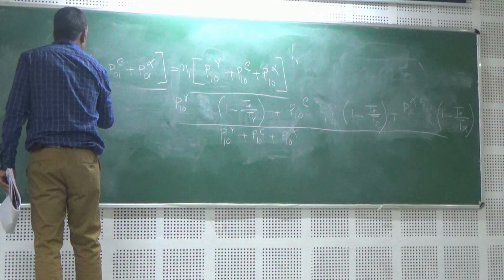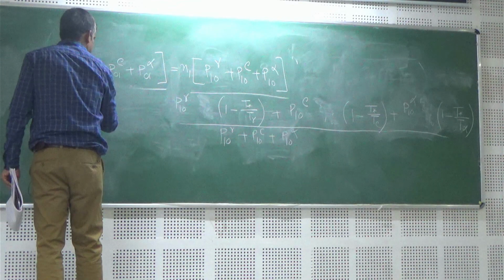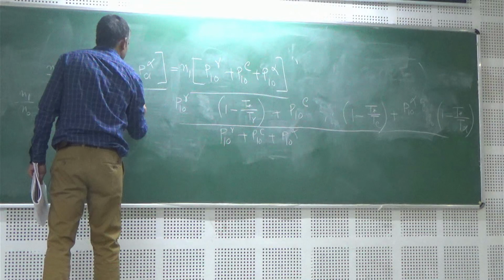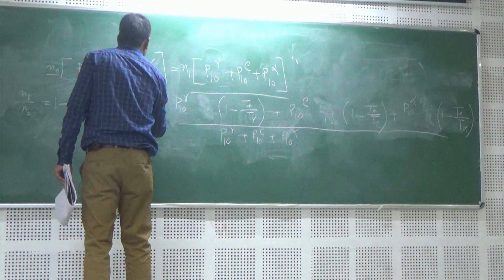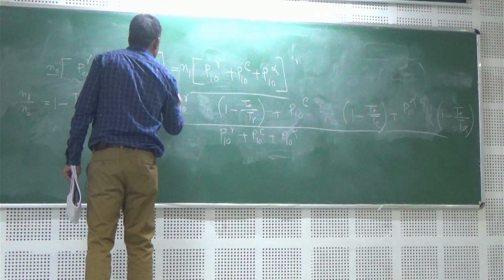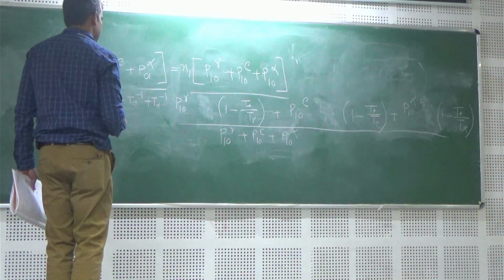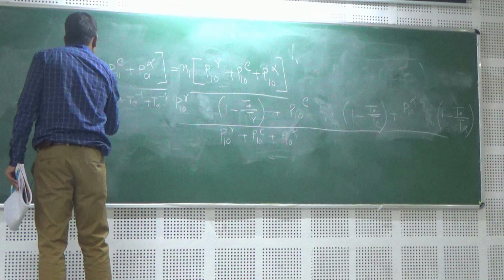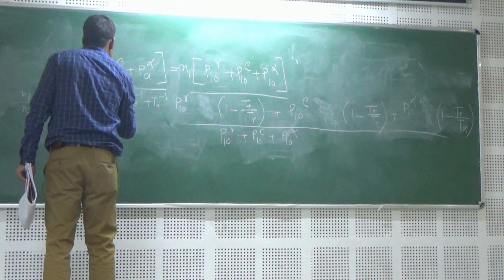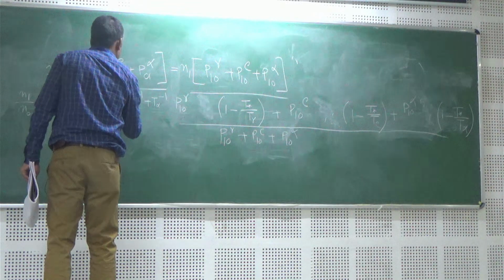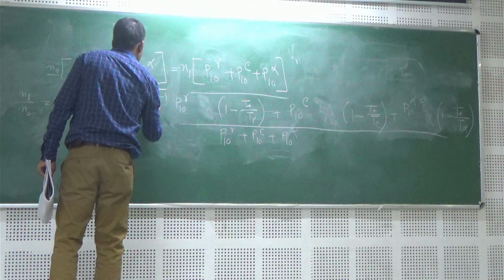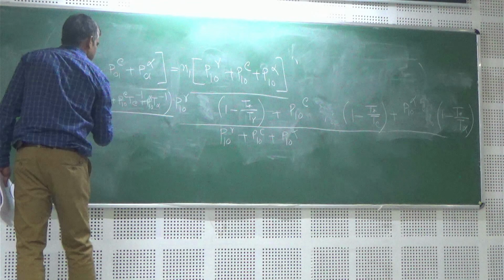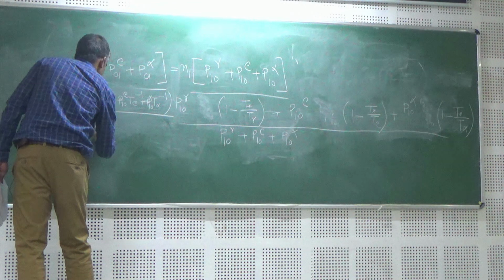Then the first term is P gamma inverse, second term is P C inverse, third term is P alpha inverse, multiplied by P10 gamma, P10 C, P10 alpha, divided by P10 gamma.